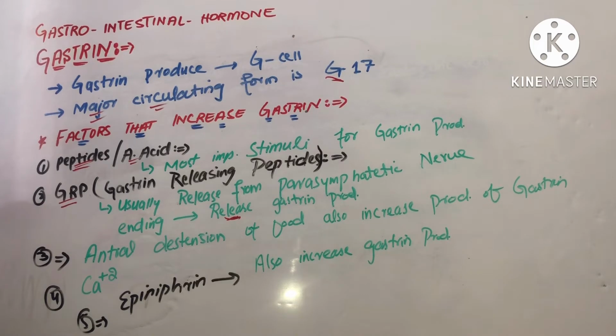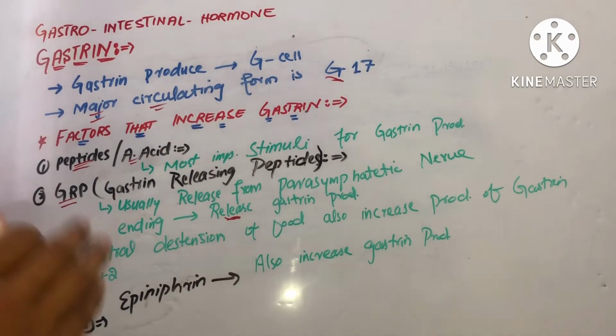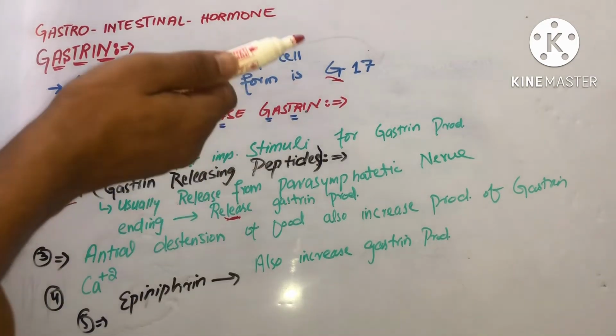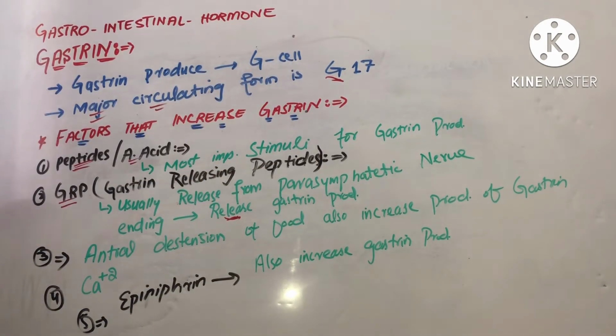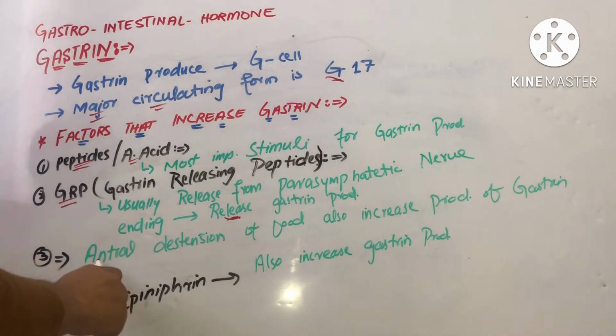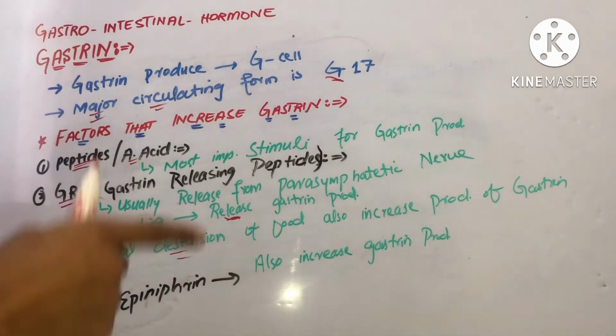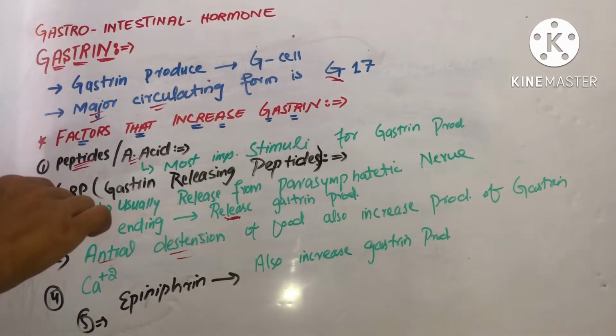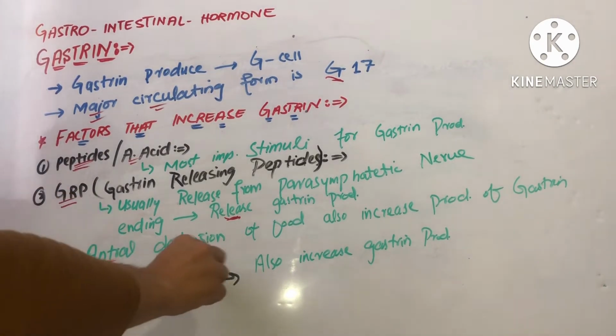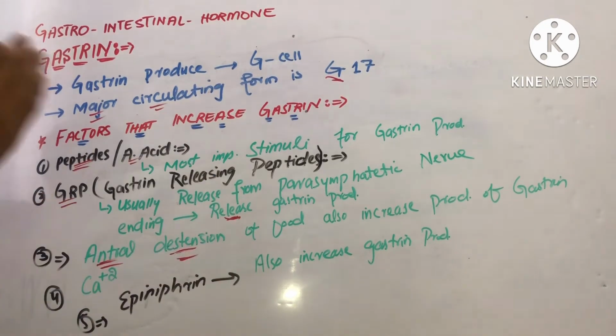As we know, gastrin is produced by the G cells, and G cells are abundantly present in the antral region. So the antral distension by food is the next factor.